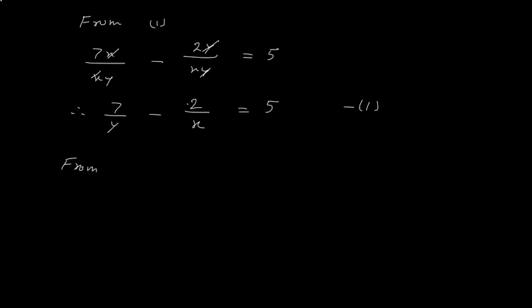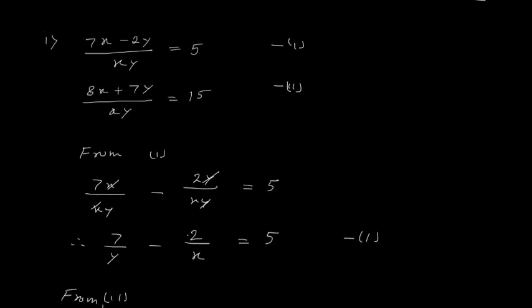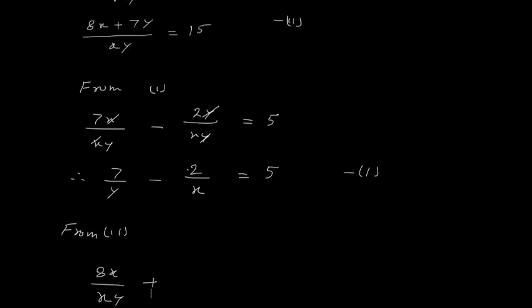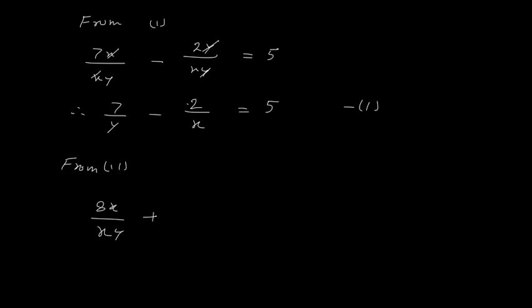And from 2, we are just simplifying. This is 8x plus 7y. From 2 we have 8x upon xy plus 7y upon xy is equal to 15.